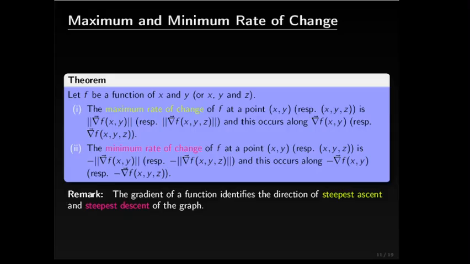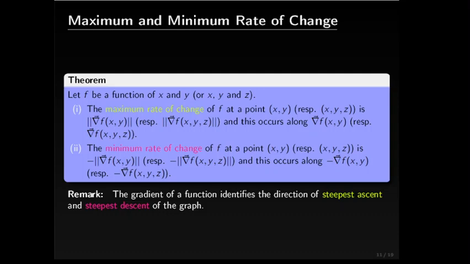A very important fact about the gradient is that it identifies the direction of maximum rate of change and the minimum rate of change of f at the point of interest. So if you get the magnitude of the gradient, then that value, that scalar, will be the maximum rate of change of f.